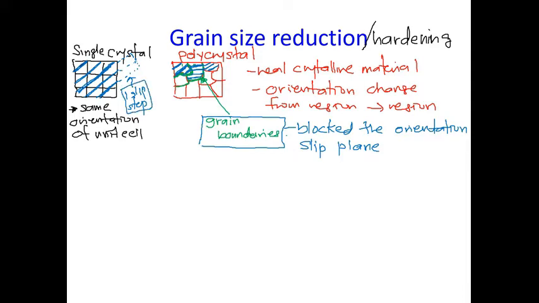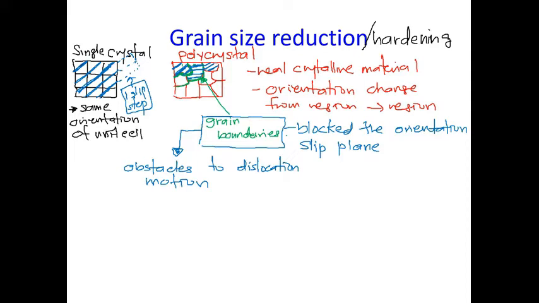So what we can conclude is that the grain boundaries act as obstacles to the dislocation motion. Okay, so clear, because of the grain boundaries.